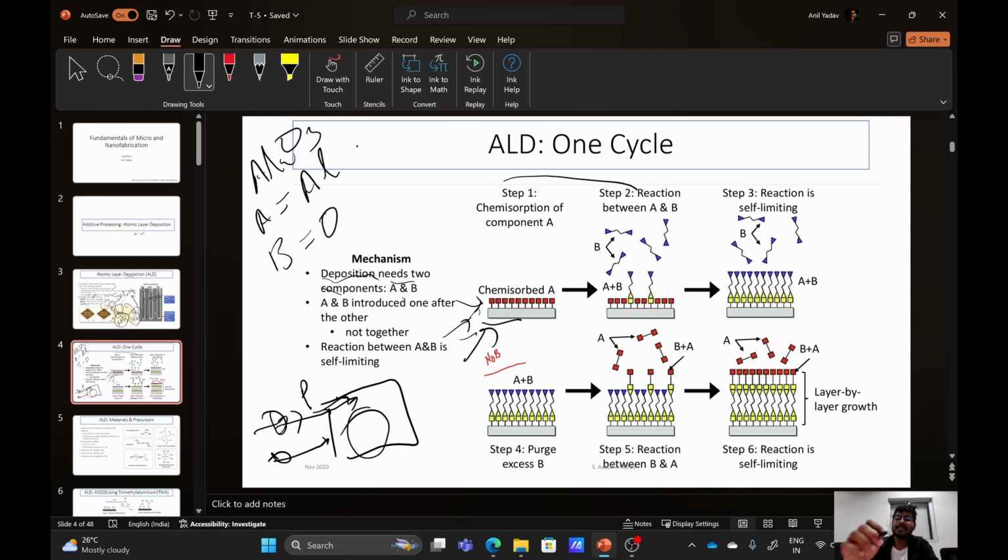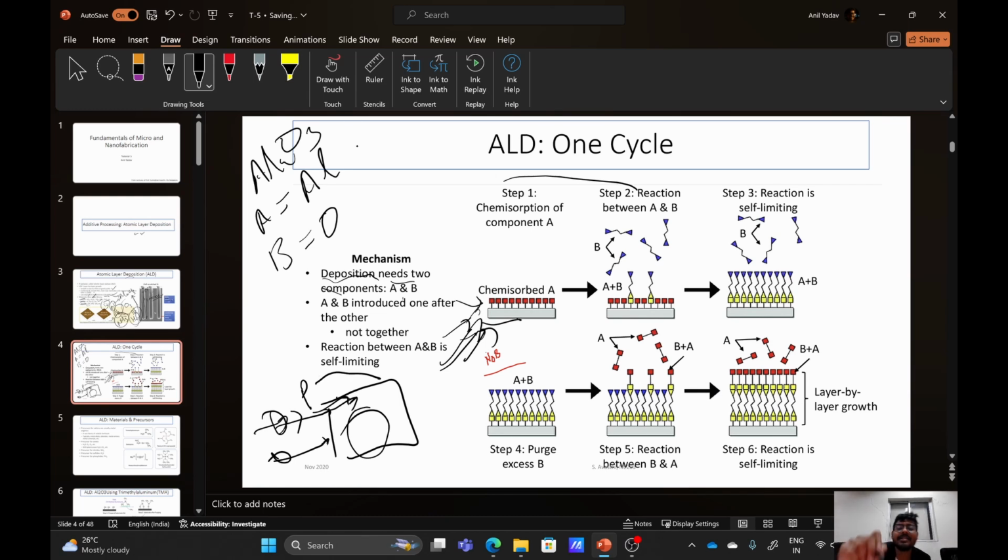First, let us see what steps you require for ALD. Initially, precursor A is chemically adsorbed over the substrate, and one thing is that it is self-limiting.